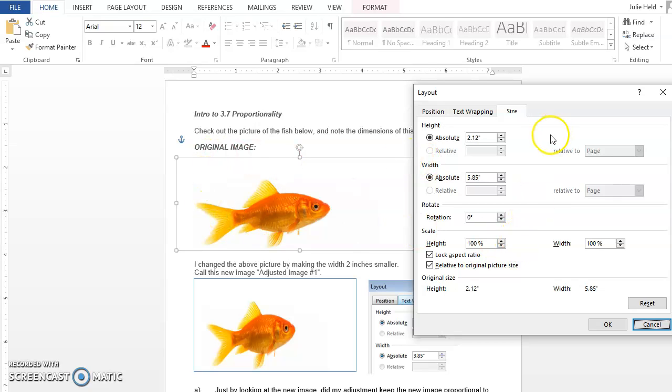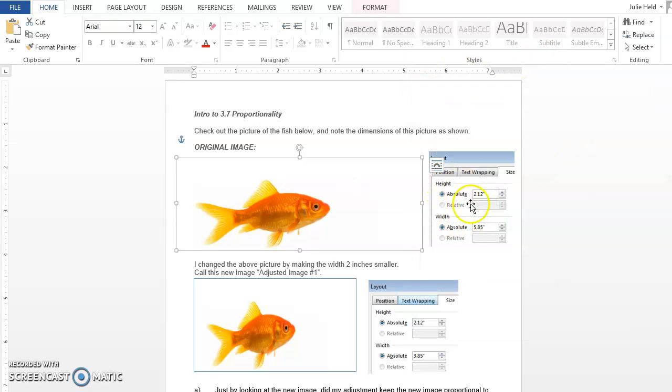If I were to print it, that's exactly how it would show up. That layout is something I've pasted here just for speed. Notice it's the same, 2.12 and 5.85, height and width. So we have that picture with those specific dimensions.